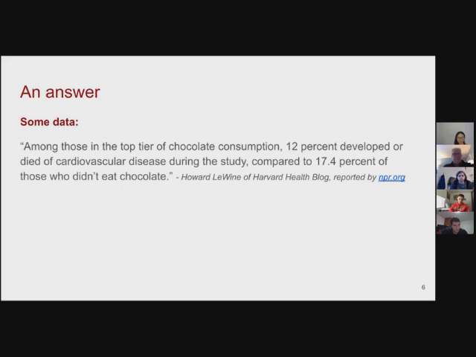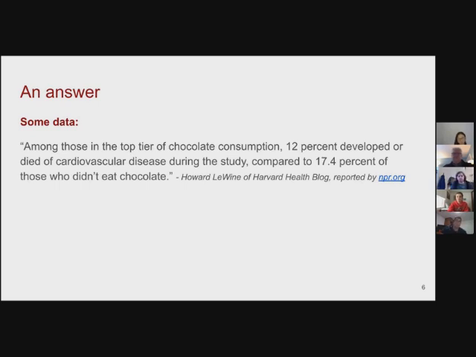Now we get some excerpts from the news article here. Among those in the top tier of chocolate consumption, 20% developed or died of cardiovascular disease during the study, compared to 17.4% of those who didn't eat chocolate. Notice they are doing a study with two groups: one group is having chocolate consumption, the other group is not.